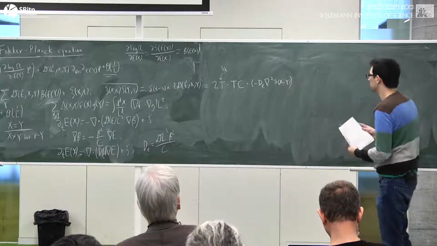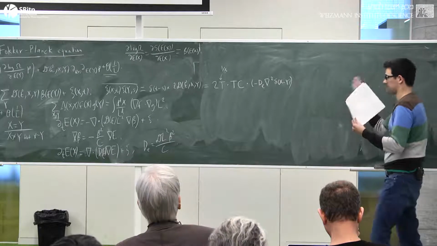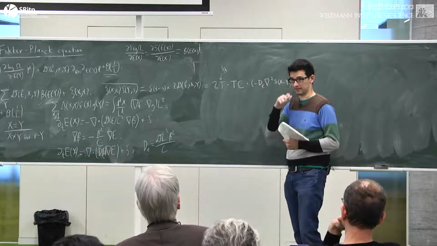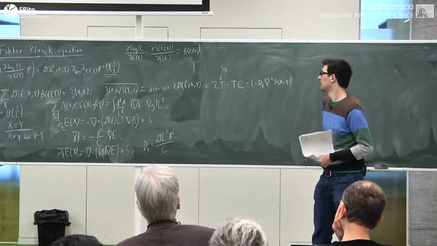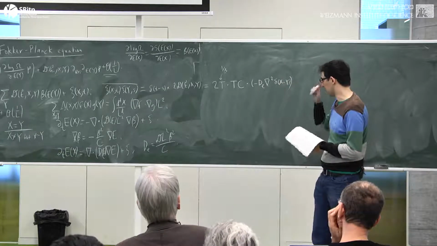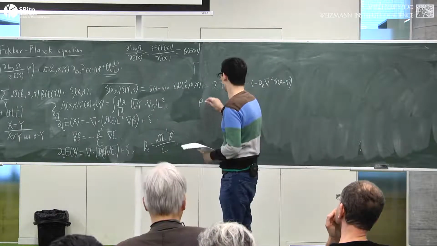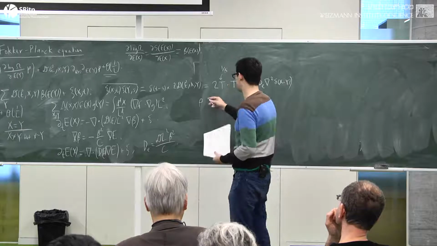All right. So that's the answer. This is hydrodynamics contained in the Schrödinger equation. Let me quickly recap the punchline. We can start from a many-body density matrix.